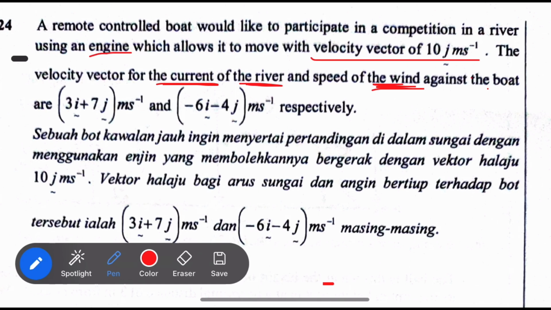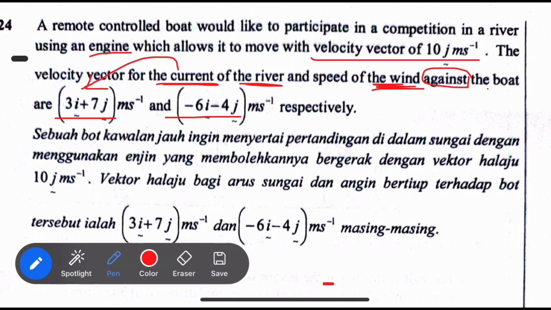A remote control boat would like to participate in a competition in a river. It has an engine which allows it to move with a velocity vector of 10j meter per second. The velocity vector for the current of the river and the speed of the wind against the boat are given as 3i plus 7j meter per second and negative 6i minus 4j meter per second respectively.